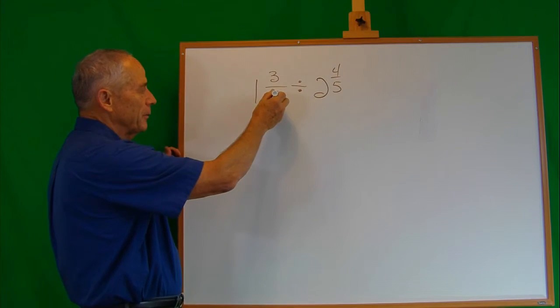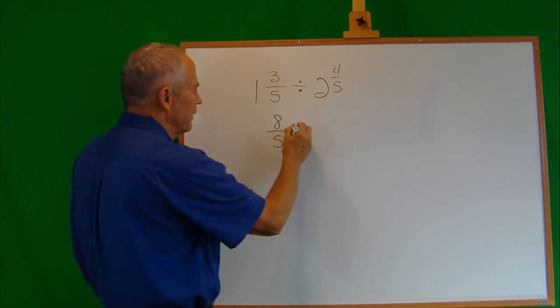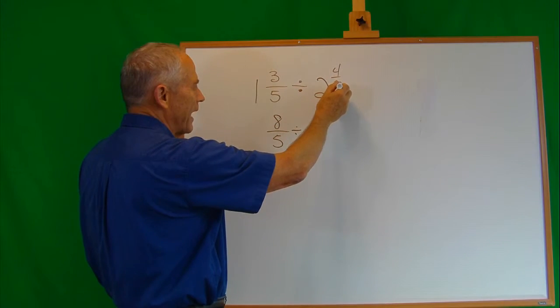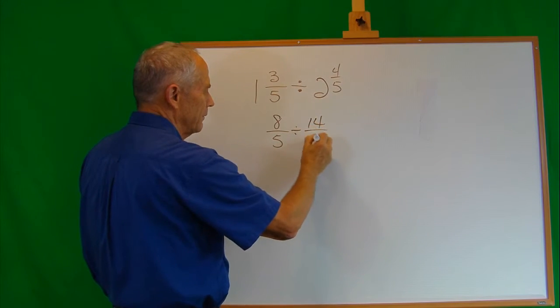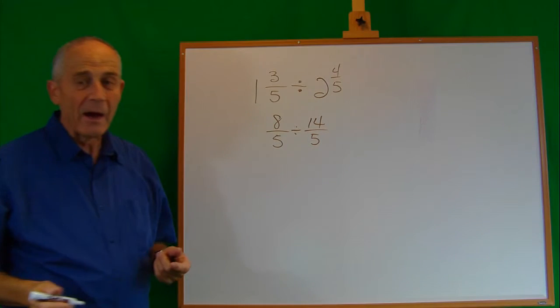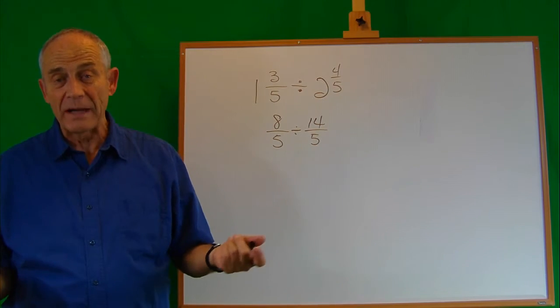I have one full group, that's 5 plus those 3 gives me 8/5. Divided by, here 5 again, I got 2 full groups, that's 10 plus those 4 is 14/5. So now I've got this problem, and it's a problem of dividing with fractions.